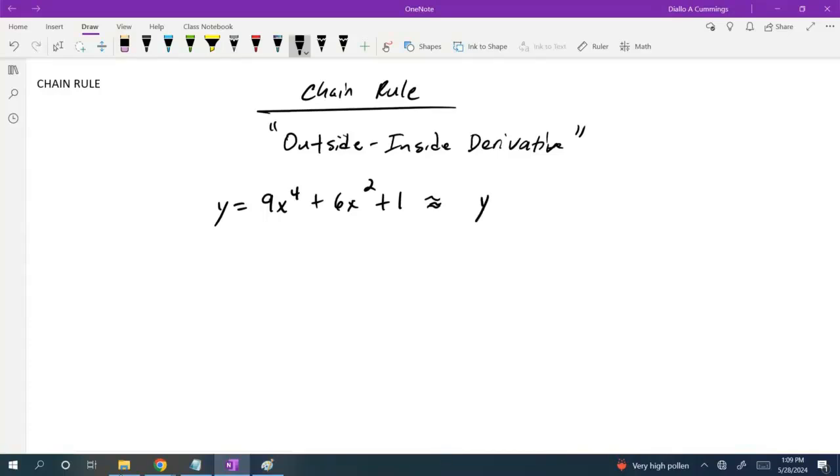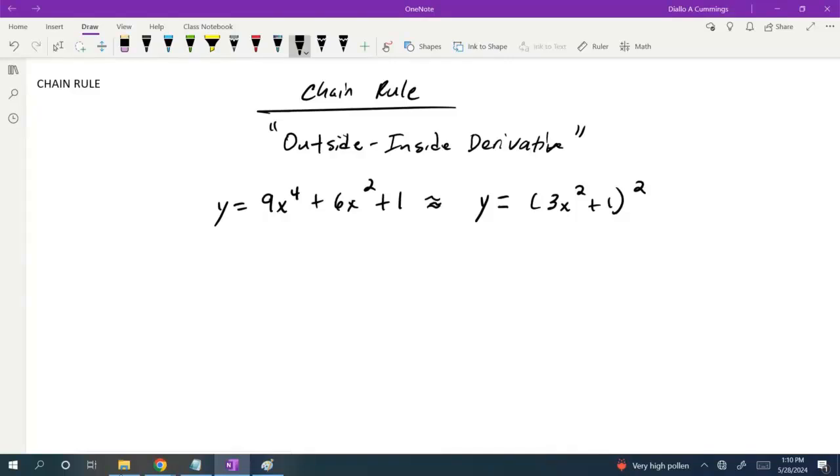And we also have y is equal to (3x squared plus 1) quantity squared. And these two functions are exactly the same. If you were to take (3x squared plus 1) squared, which means if you were to multiply 3x squared plus 1 times 3x squared plus 1, you would get 9x to the 4 plus 6x squared plus 1.